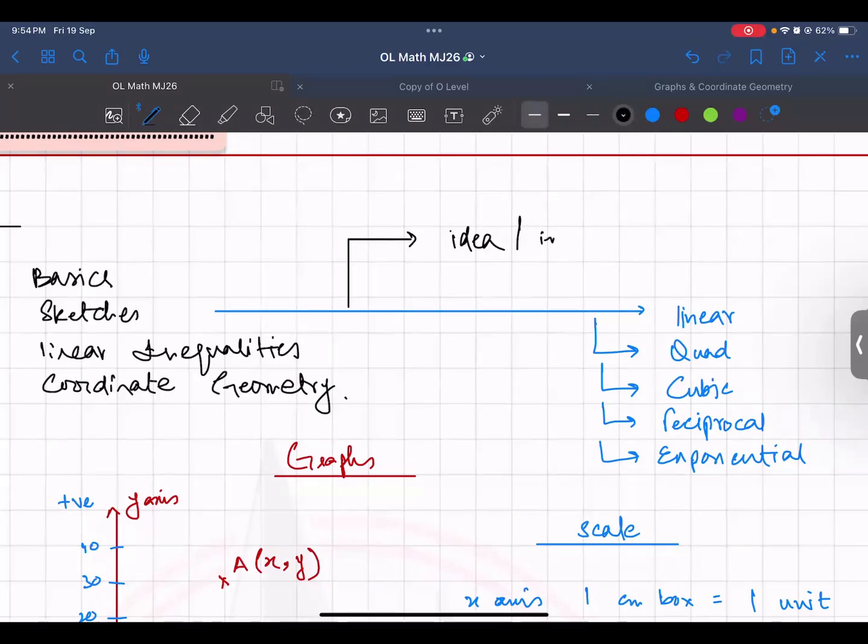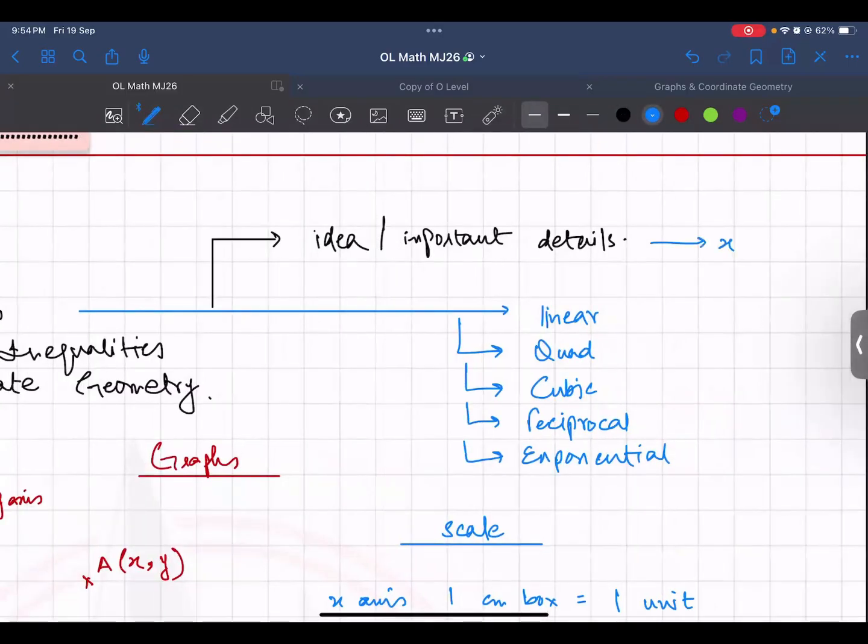You only show the important points, only the important details of the graph. For example, the x-intercepts, the y-intercept, these are very important to show. X-intercept, y-intercept, turning point, if there is any, and asymptotes, if there is any.